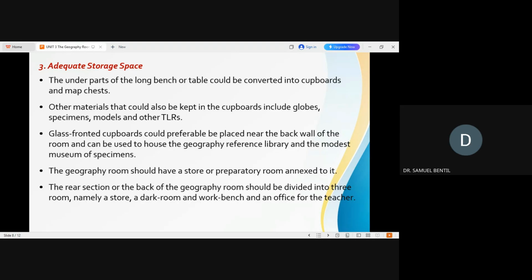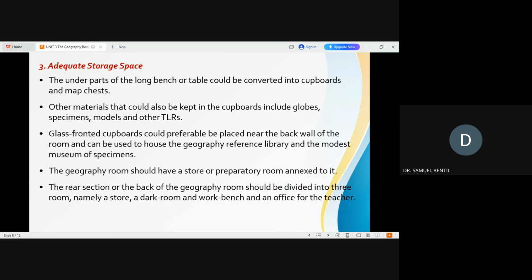And take note, the storeroom and the teacher's office must be furnished with filing cabinet, wall maps, cupboards, map chest, card index cabinet, and things that they believe are expensive, that if left in the general room, students can tamper with. All these things can be kept in there.